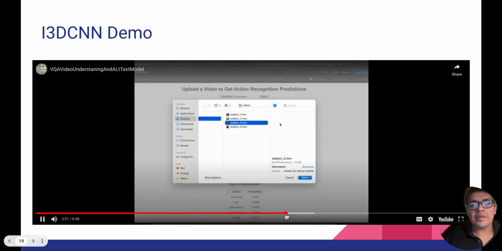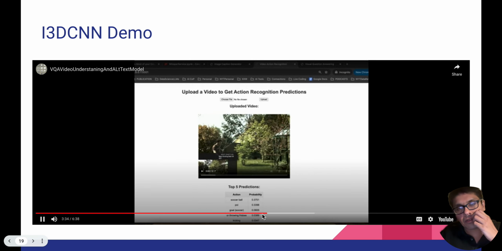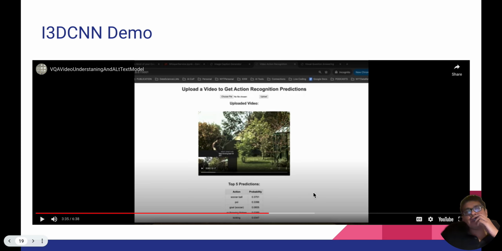I upload a video. So I built this tool, which you can upload a video to a service, which I have running in the background, that actually does the inference, right? Once the pre-trained model is installed and built, and that model is the inflated 3D convolutional neural net here.